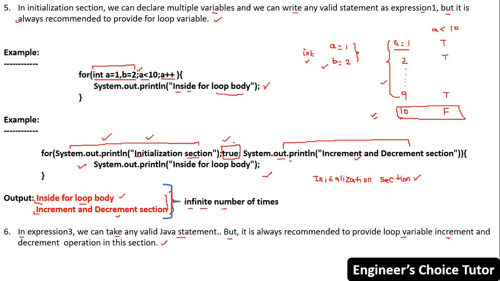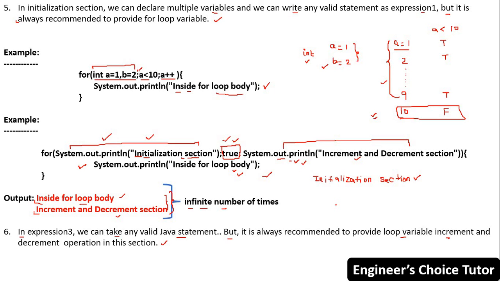Because the condition is true, this will execute, again this will execute, again the condition is checked. Like this, a loop forms, and you get this infinite number of times. But why do you get the initialization section only once? Because as we saw in the flowchart, the initialization section executes only once at the start of the loop.